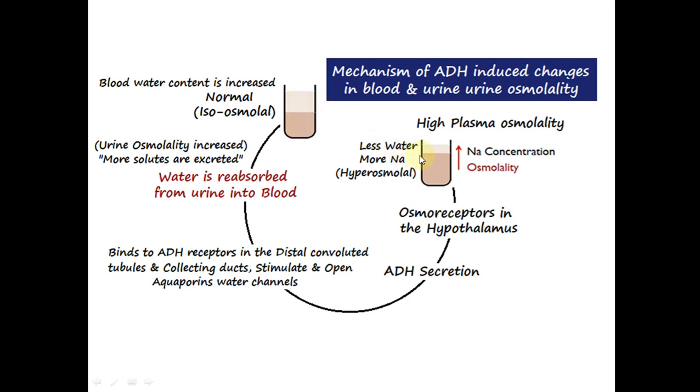And in this picture we can see how the hyperosmolar blood turns into the isoosmolar blood. So the major act here is that of the ADH, by increasing or decreasing reabsorption of water from the urine.